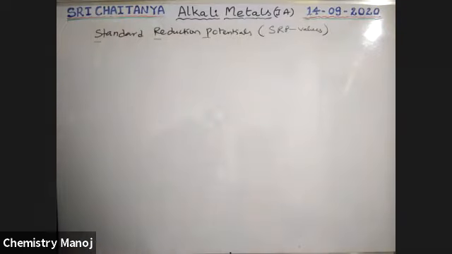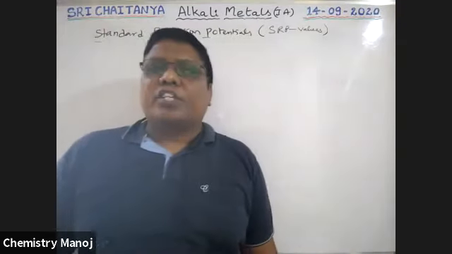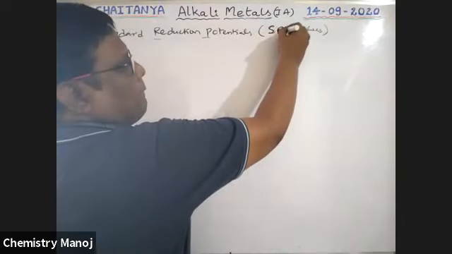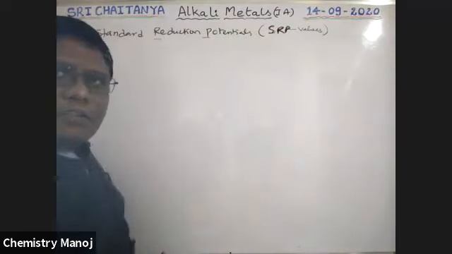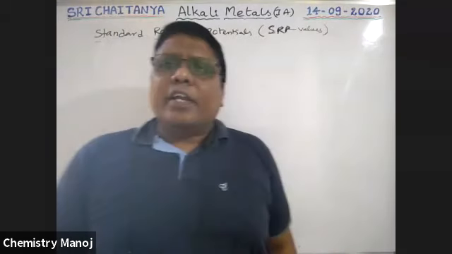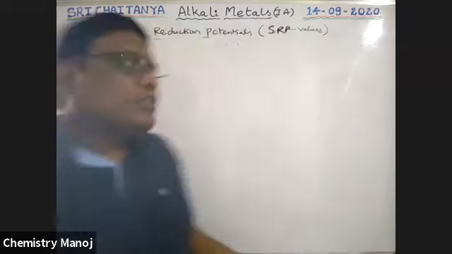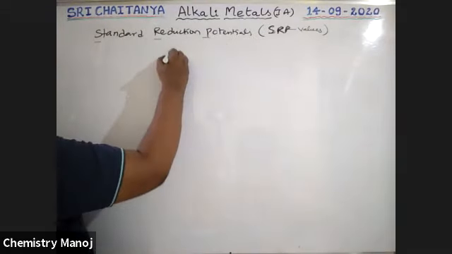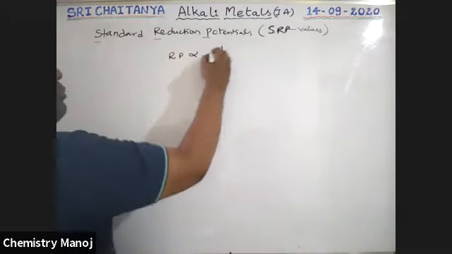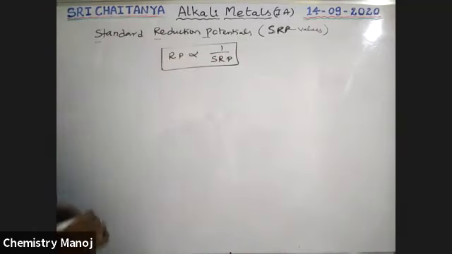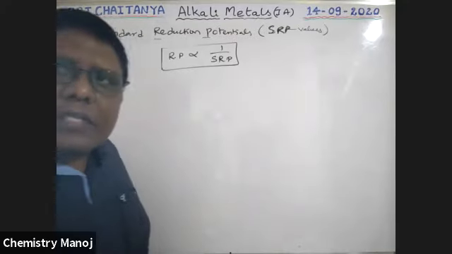Boys, the reducing property of a metal is generally explained with the help of SRP. Reducing property is inversely proportional to SRP values.